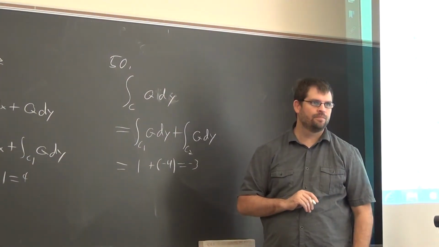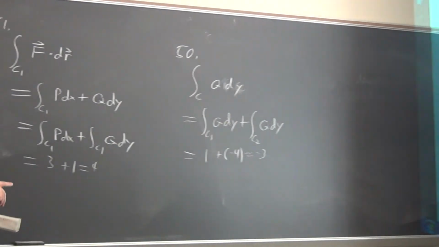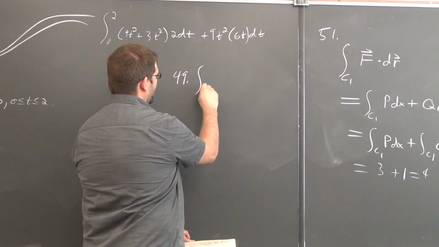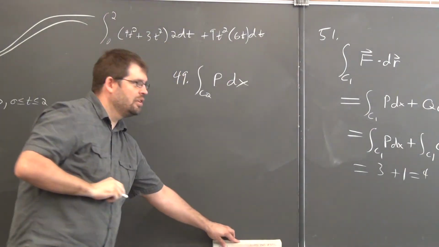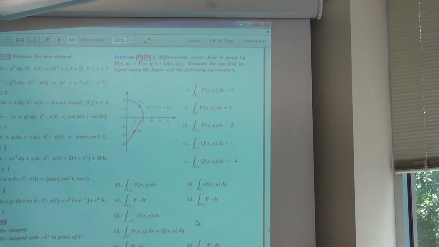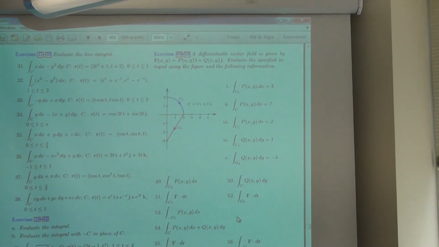Does that make sense? And then maybe we'll do one other one here. I'm going to squeeze it in here so that these are all semi-close together. Let's just do 49. So what about the integral over C2 of P dx? You were given the integral over C1, right? And you were given the integral over all of C. So how do you find the integral over C2?